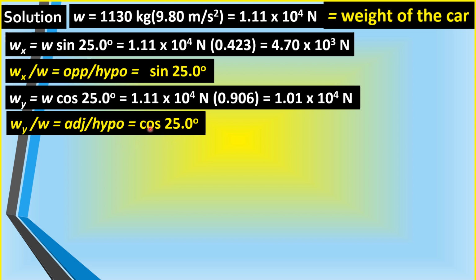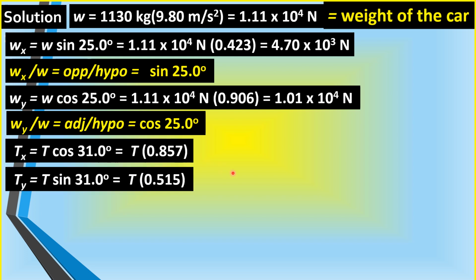Hence, the use of cosine of the angle was necessary. So there was nothing wrong also in the solution for determining Wy. I hope that is clear.